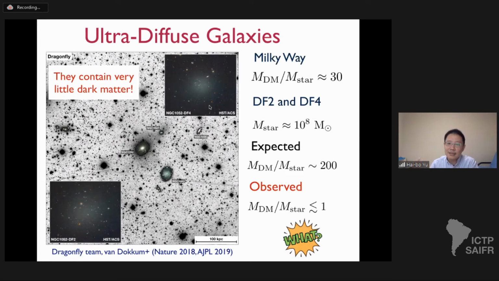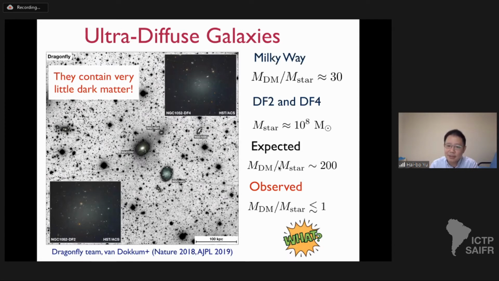So why is this intriguing or crazy? Think about the Milky Way. For the Milky Way, the ratio of the dark matter mass to the stellar mass is about 30, right? For DF2 and DF4, the observed stellar mass is about 10^8 solar masses. If you take the standard abundance matching, the halo mass and stellar mass relation from standard prediction, you would expect this ratio to be 200, which means dwarf galaxies are more dark matter dominated, right?